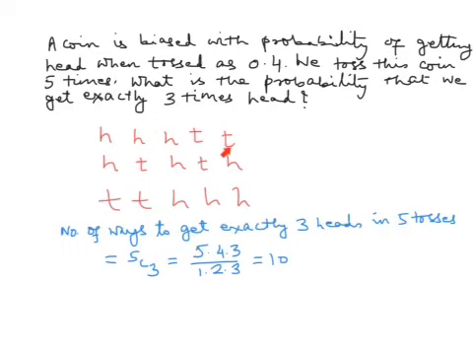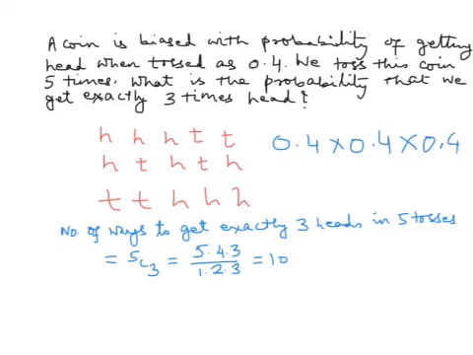Since the probability of getting a head is 0.4, we take the probability here as 0.4. Then the probability of getting a head in the second toss is again 0.4, so we multiply that by 0.4. Probability of getting a head in the third toss, that again is 0.4, so we multiply that by 0.4.